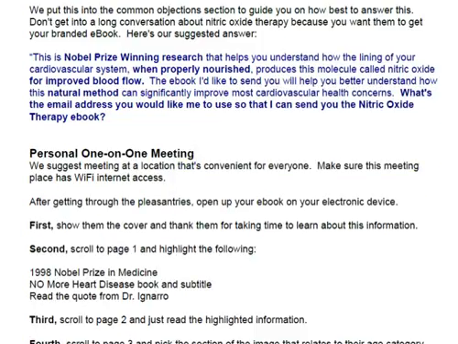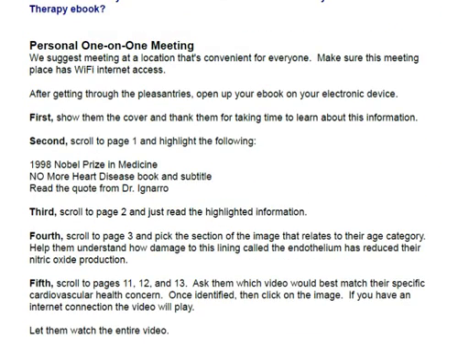Now, if you end up doing a personal one-on-one meeting where the person doesn't have an email address, but they would like to get the information, and you've suggested that you get together because you live in the same town or close enough that you could meet halfway, and it's worth sitting down with that individual, always make sure that the location is convenient for everyone, and that it also has Wi-Fi internet access.